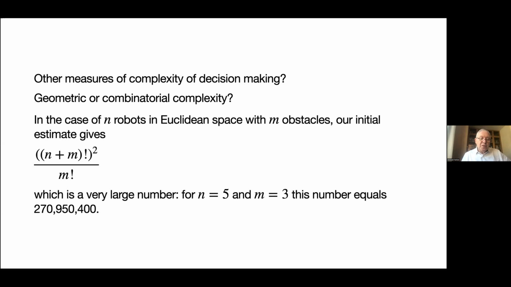Even for n equals 5 and m equals 3, this number is already 270 million plus domains. So although this topological complexity is important and it measures topological obstructions and the level of discontinuity which arises, the real geometric complexity is much higher. Even with 5 robots and 3 obstacles, it's already an enormous number.